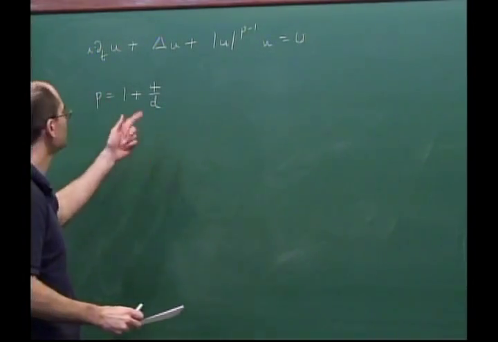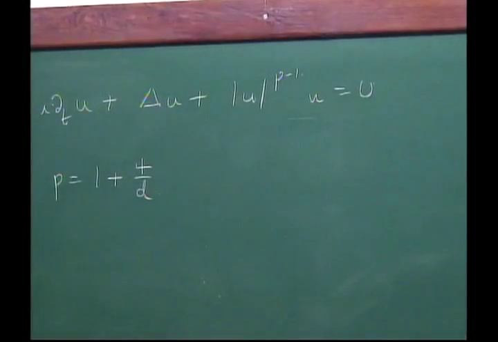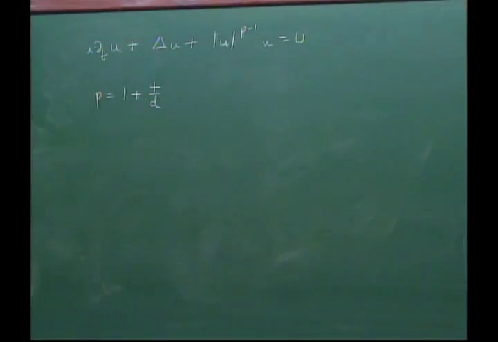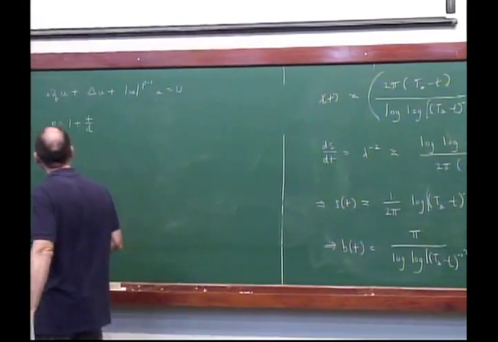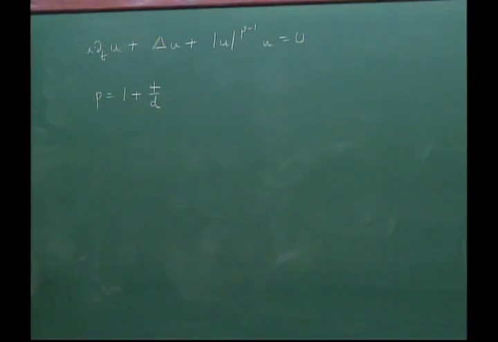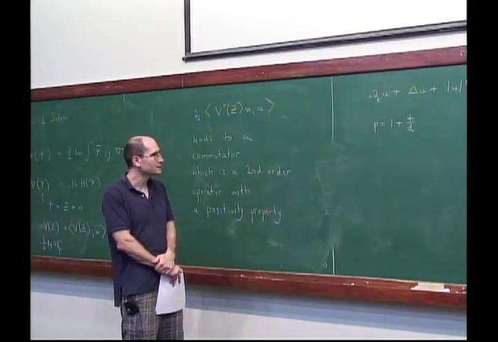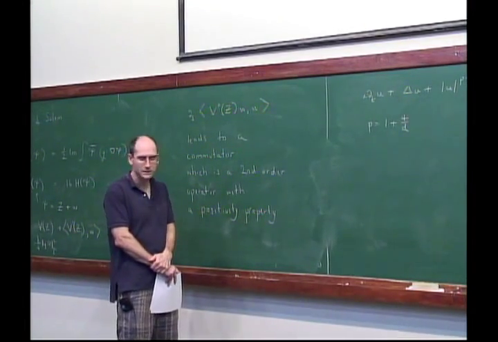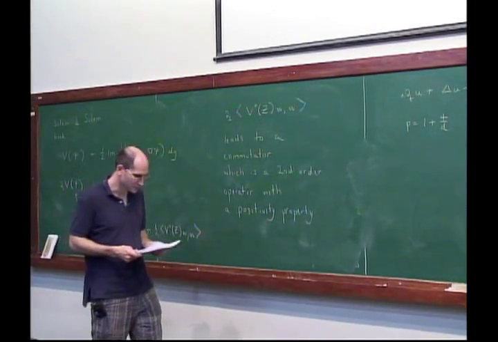Once P is less than 1 plus 4 over D, then the energy and the Gagliardo-Nirenberg estimate will imply that even in the focusing case, its solution is always global. And using this variational aspects of the ground state, it's actually this profile decomposition lemmas by Hmidi and Keraani, you can give a proof.